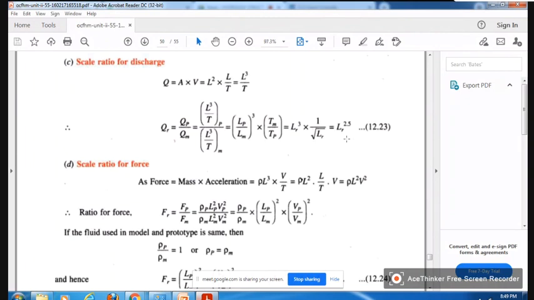There are three applications of dimensional analysis. One is you can convert the dimensions of one system to another.